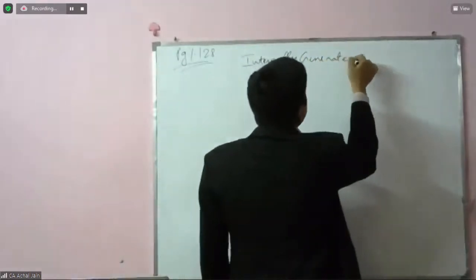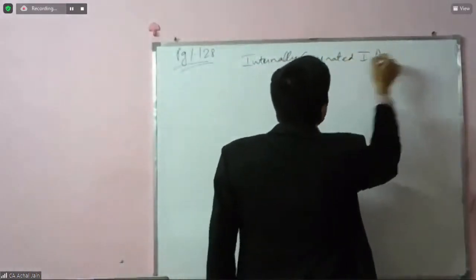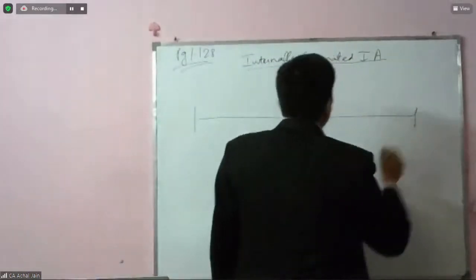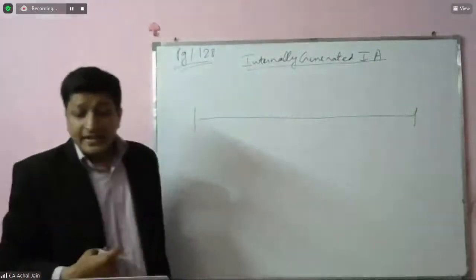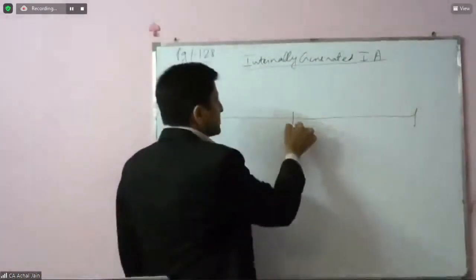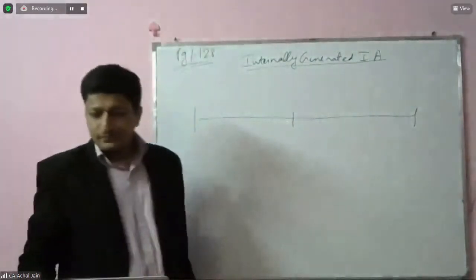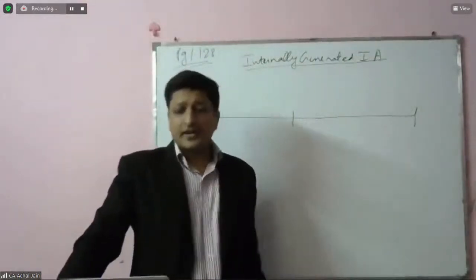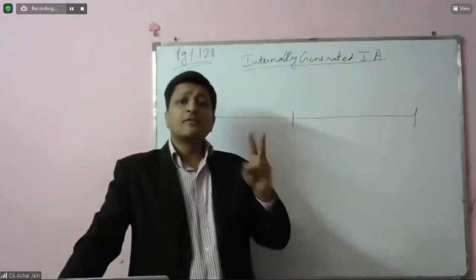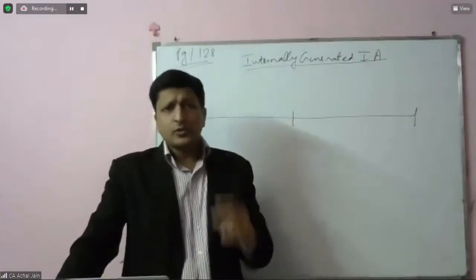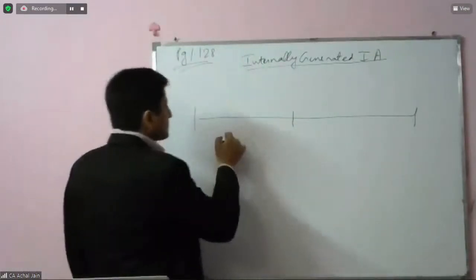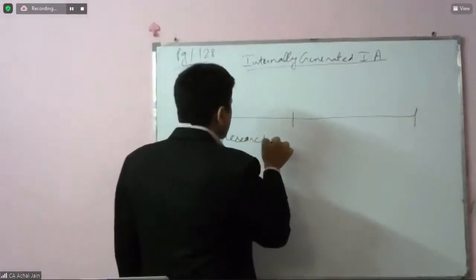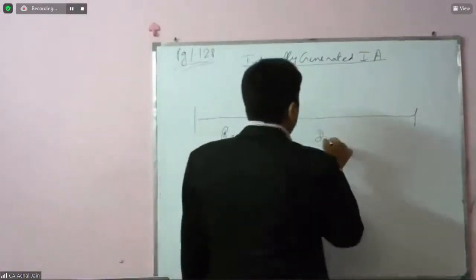We can just say that in relation to any intangible asset which is internally generated, there will always be two stages, or you can say two phases: research and development.